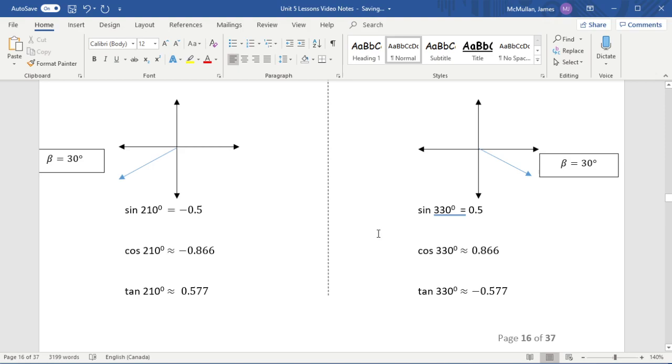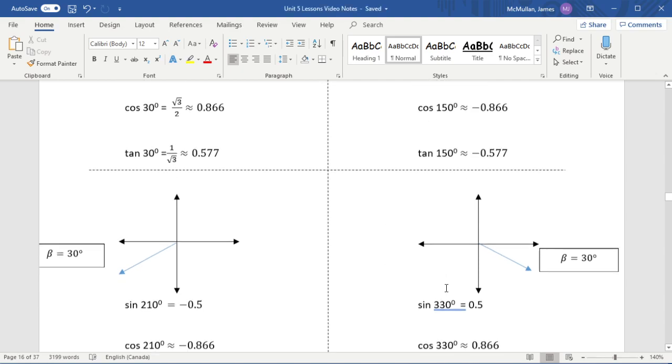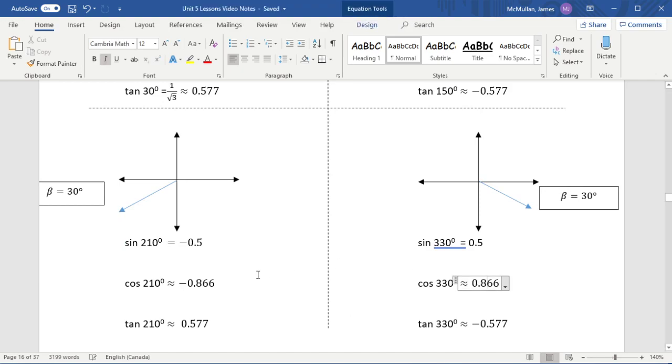So something is definitely going on here, and we can come to the conclusion that if you give me any angle, I know that if I find its beta and check the sine, cos, or tan of its beta, it will give me the same value as your angle. It just might not be the right positive or negative. I'm not exactly sure how to get that yet.